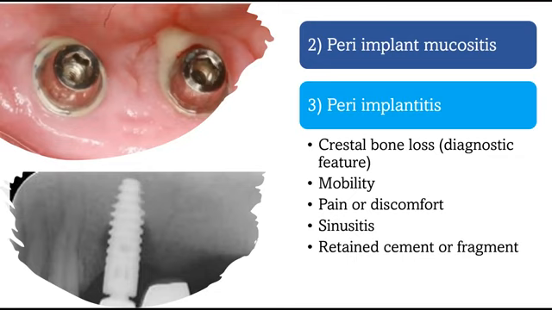It can be associated with pain or infection, as you can see here, there is exudation of pus around the osseointegrated implants. In the maxillary posterior region, signs of sinusitis indicate involvement of the maxillary sinus. It also allows us to identify the inflammatory disease due to retained cement, or cementitis.